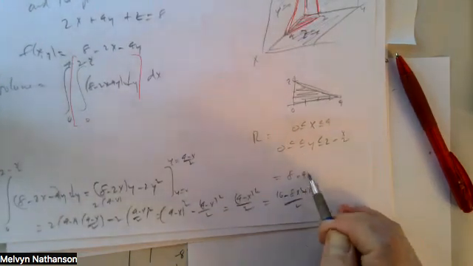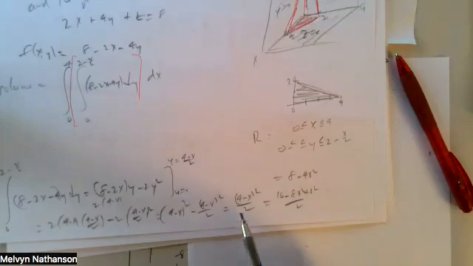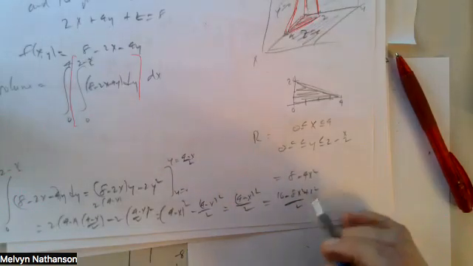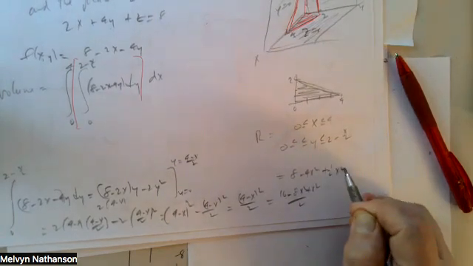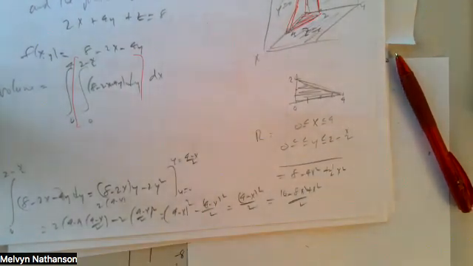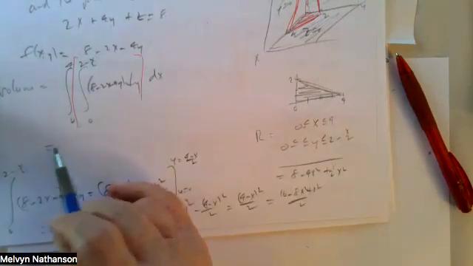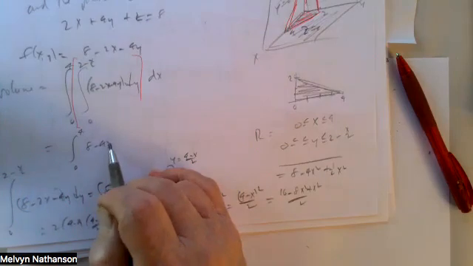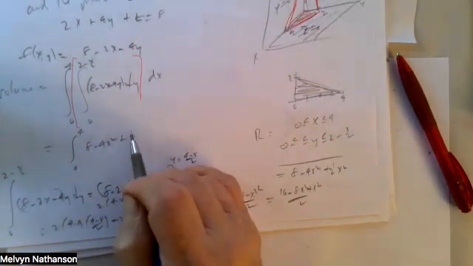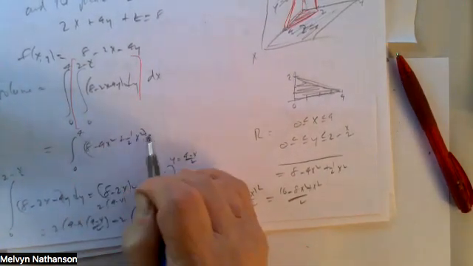So this is 8 minus 4x plus a half x squared. That's my inside integral. So this is the integral from 0 to 4 of 8 minus 4x plus a half x squared dx.